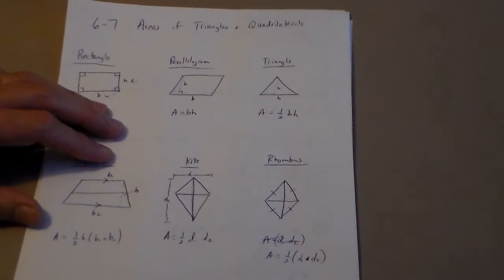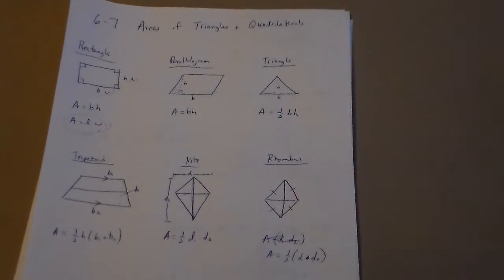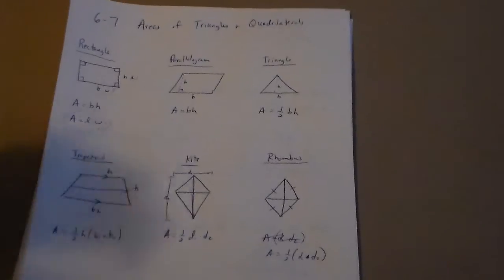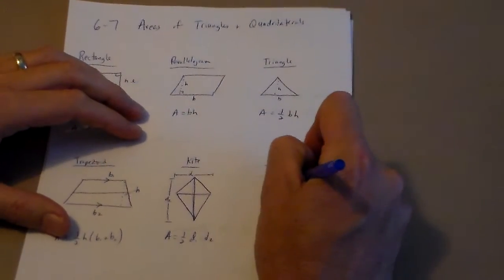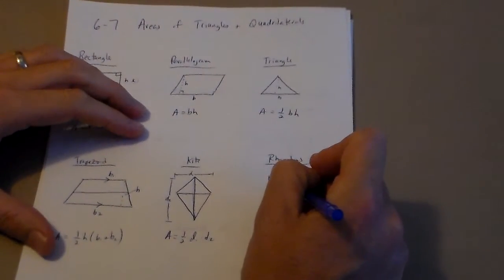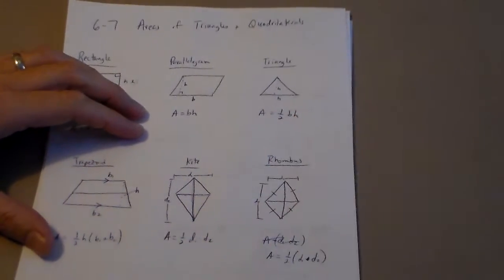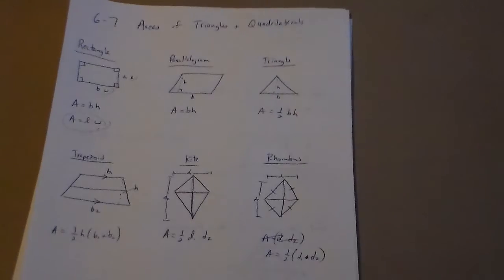All right? Aladdin, right? Okay, so for a rhombus, the same thing. Diagonals, not sides. Okay. There are all your formulas.